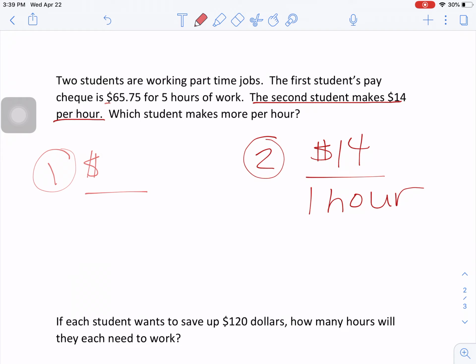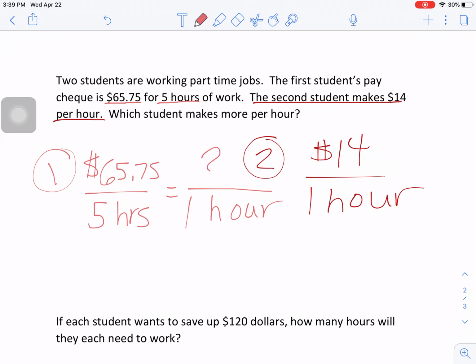We know that they make $65.75 for 5 hours of work. And we want to know how much for 1 hour of work. So we set up a proportion and we want to find how much they get paid per hour.